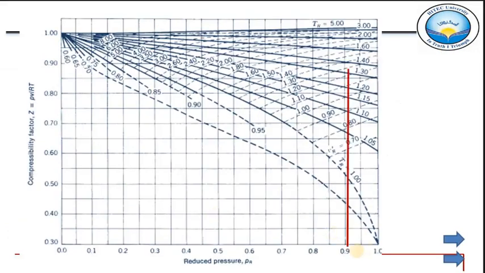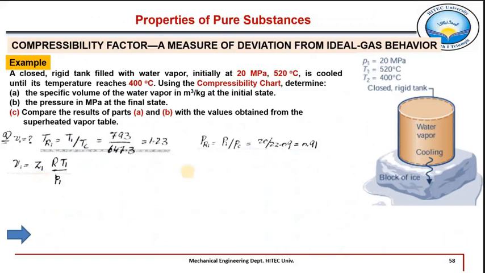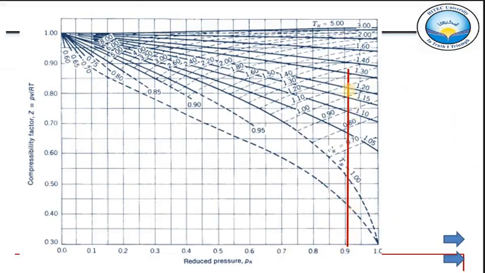So first we will draw the PR line at 0.91, this one. Now for TR 1.23, you can see the solid lines here: 1.15, 1.20, 1.30. So 1.23 will be somewhere here, a little lower. This will be the intersection of PR and TR, and from here we shall draw a horizontal line to read the Z value.